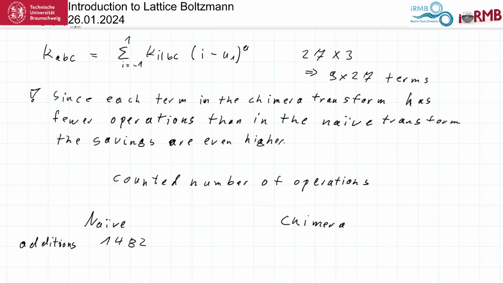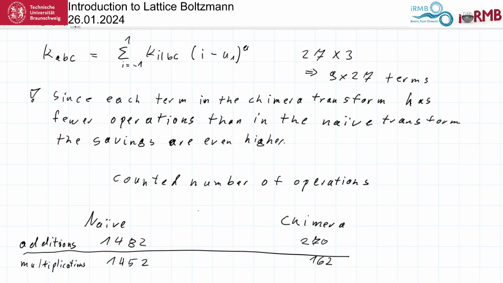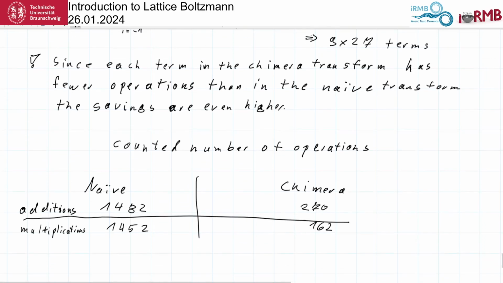You have 1,482 additions in the naive, and you have 270 in the Chimera version, and then there's multiplications on top of this. Multiplications with roughly the same number, 1,452, and here you have 162. So that's quite a difference in the number of operations, which means that there's roughly now 1/5 of the operations.